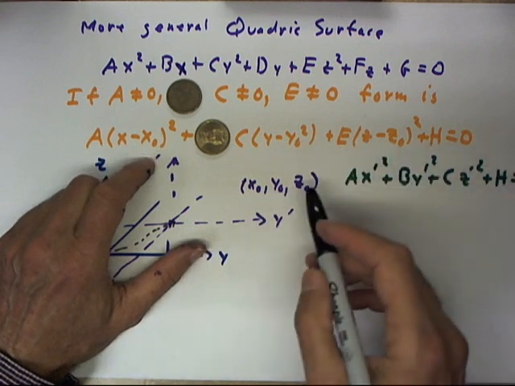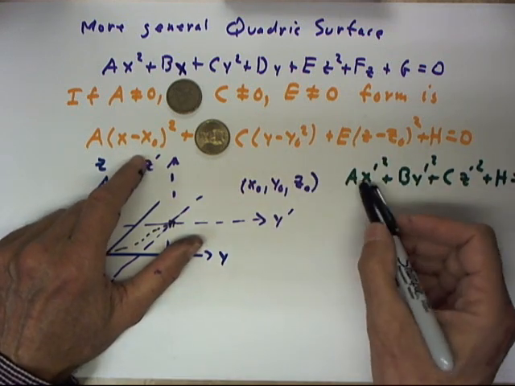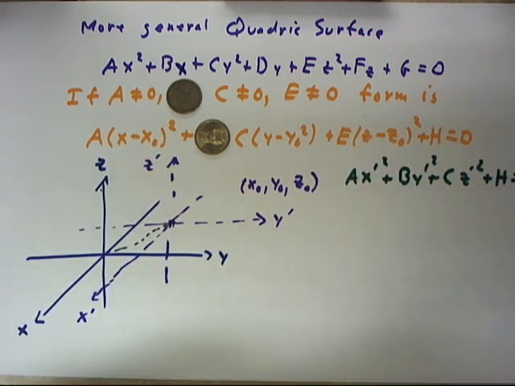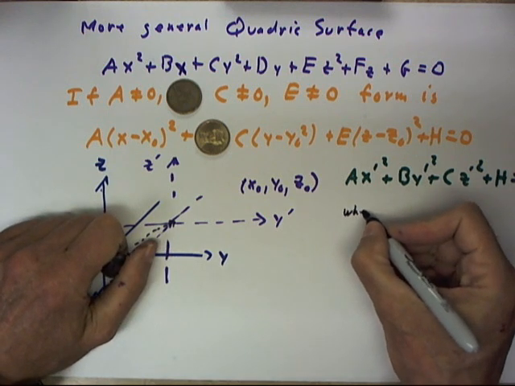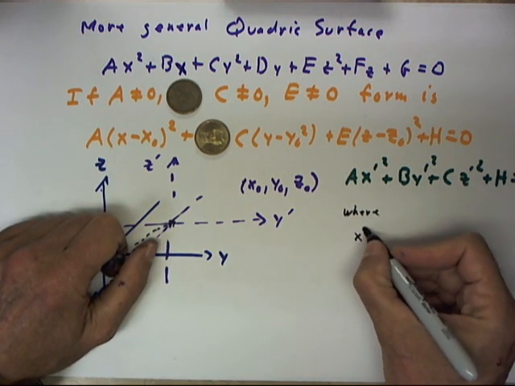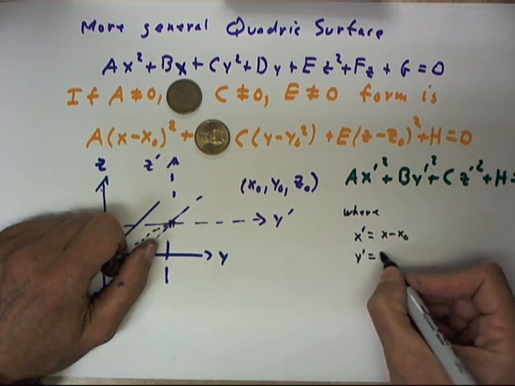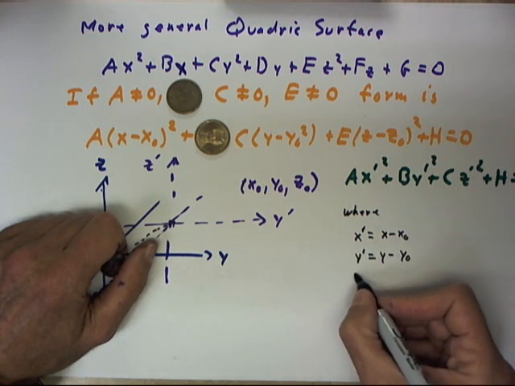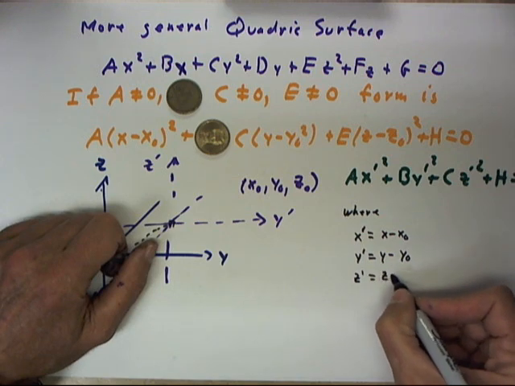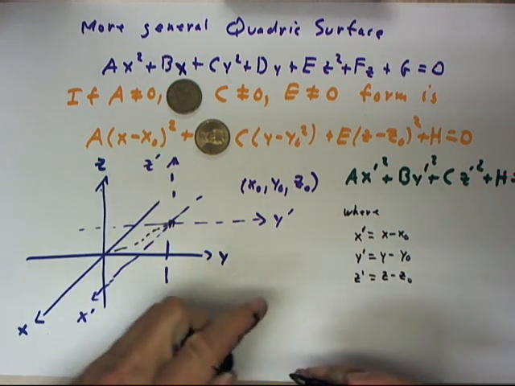we can do a change of coordinates, and we can let x prime equal x minus x naught, y prime equals y minus y naught, z prime equals z minus z naught.